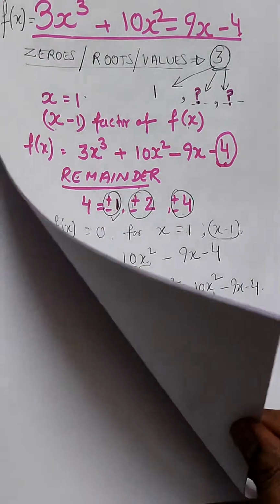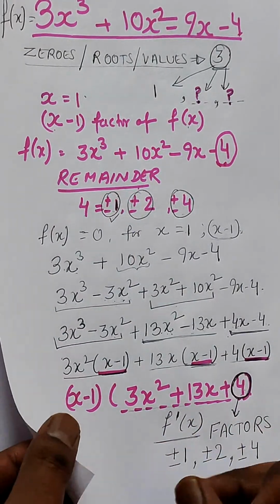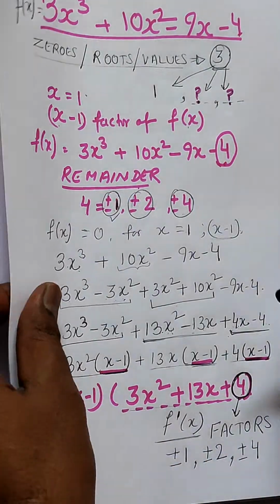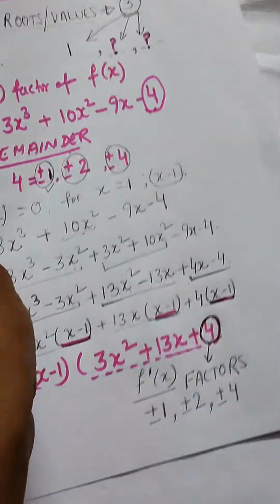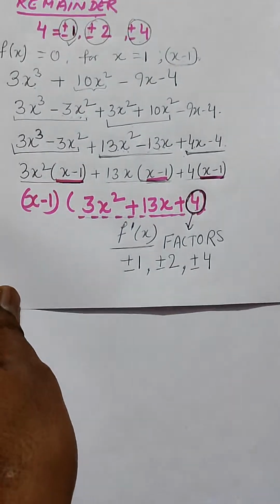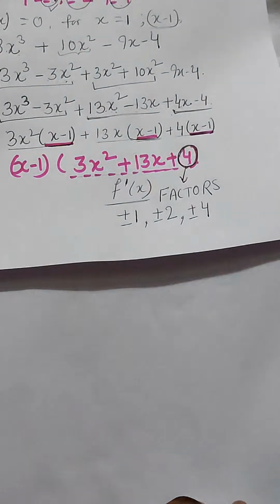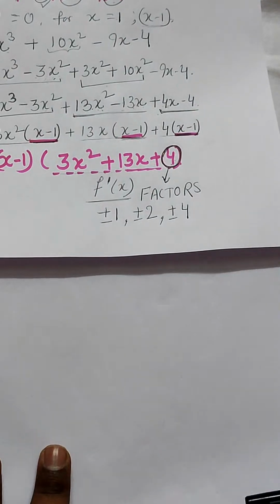Now what we will do? We will simply factorize it. How? Let us see. Actually this page is filled up, so we are using the second page. Just a minute.